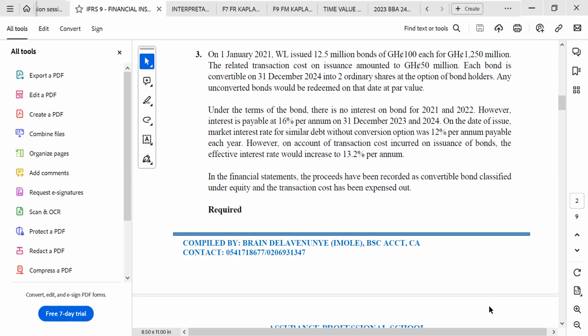Maybe you are making the zero at the end to be 12,500. Maybe that's why you're getting the 2,000. So calculate it again. 16% on the nominal value, which is 1,250. Is it 200? Senior, or the calculator is not with you.